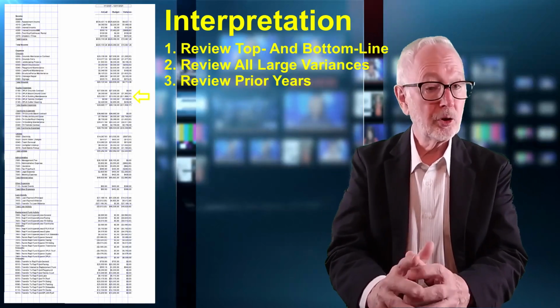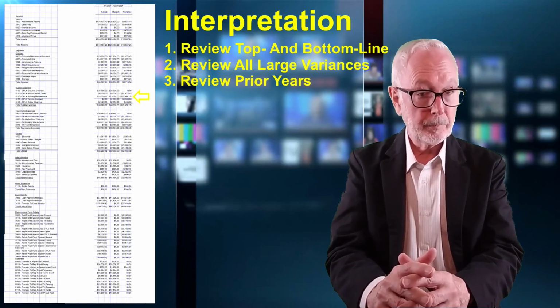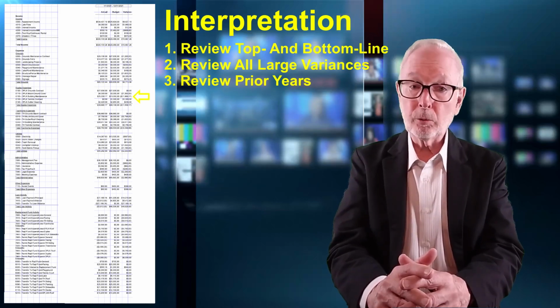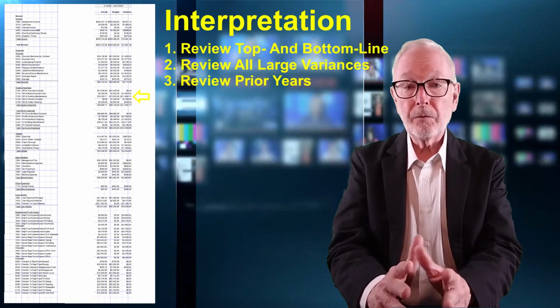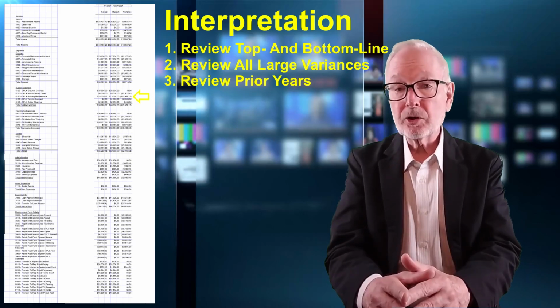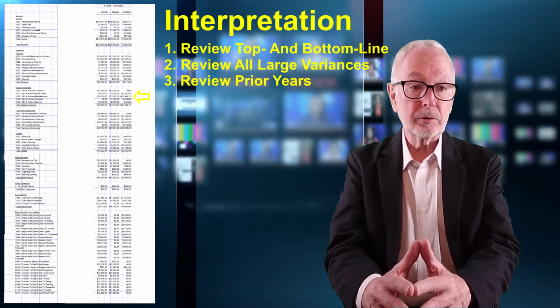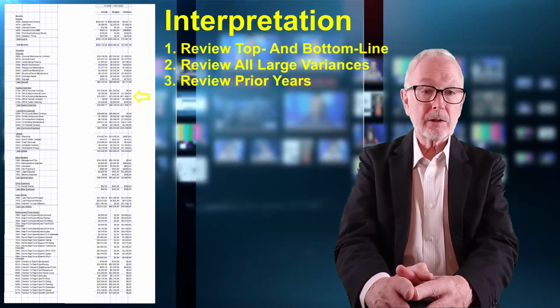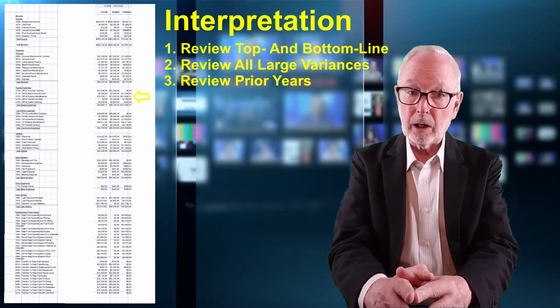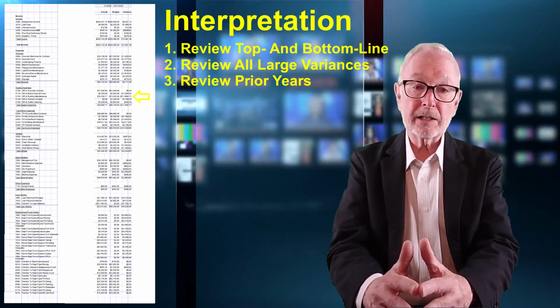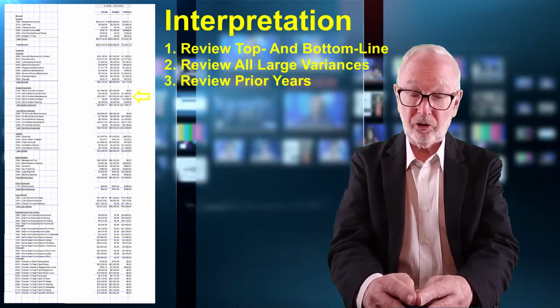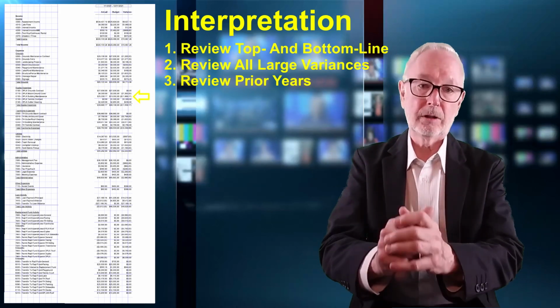So let's back up to 2021. In that year, the budget was $13,050. Not much different than 2022. And the variance was almost $12,000, which is a percent variance of 92%, still really large.